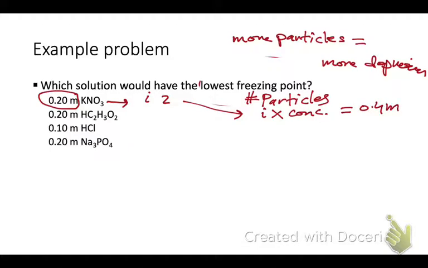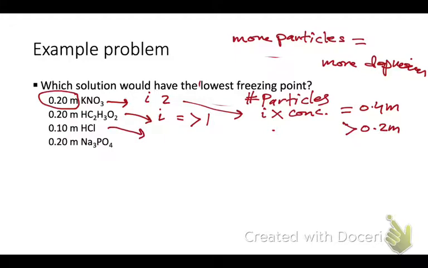Acetic acid is a weak electrolyte, and as you will see in the lecture about non-electrolytes, weak electrolytes versus strong electrolytes, i for a weak electrolyte is slightly higher than 1. So the number of particles in this case will be slightly higher than 0.2 molal.